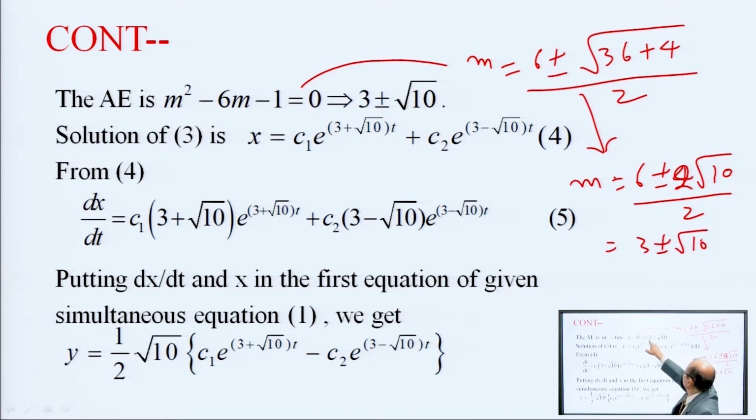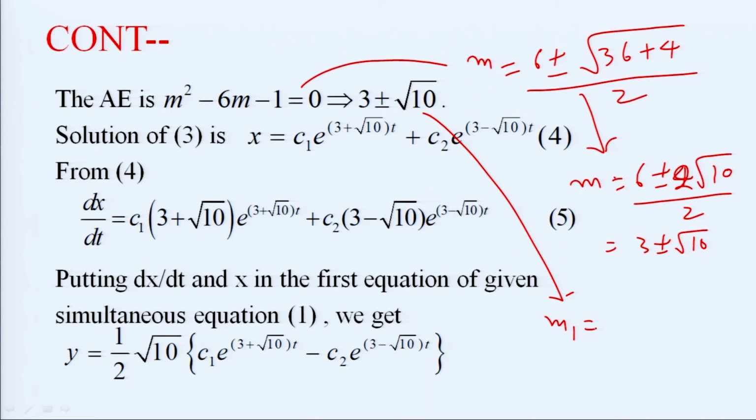It is the value of m: m1 is 3 plus root 10 and m2 is 3 minus root 10. So the solution is x is equal to c1 e raised to the power 3 plus root 10 t, because t is the independent variable, plus c2 e raised to the power 3 minus root 10 t.